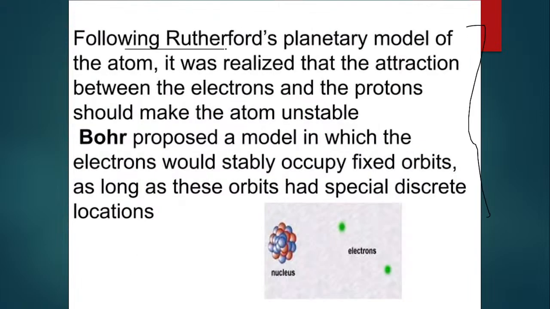Following Rutherford's planetary model of the atom, it was realized that the attraction between the electrons and the protons should make the atom unstable. Bohr proposed a model in which the electrons occupy fixed orbits, with special discrete locations.